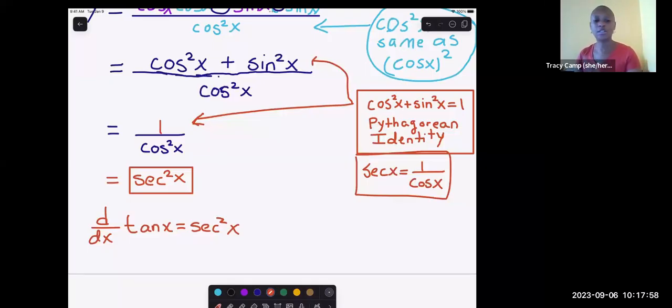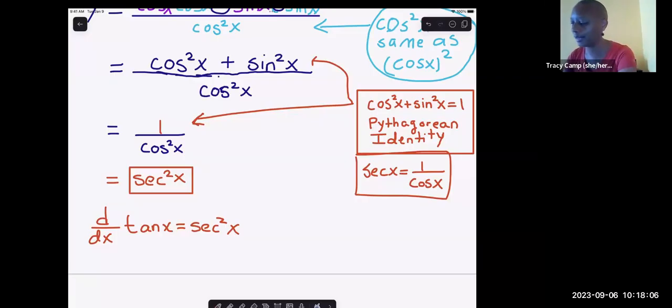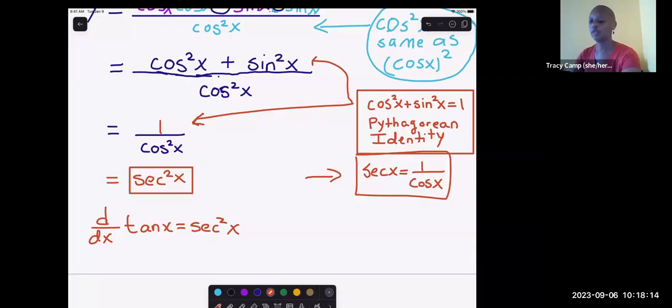And just going through that same process with all the other trig functions, you can get the other rules for derivatives, because we know, for example, that secant of x is defined as 1 over cosine. So you can use the quotient rule with this and think of your numerator as 1 and your denominator as cosine of x, and go through the process and get the derivative of that. And then you can do the same thing for cosecant of x, because cosecant is 1 over sine.